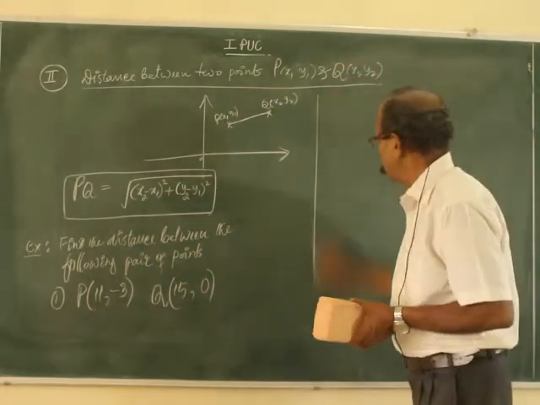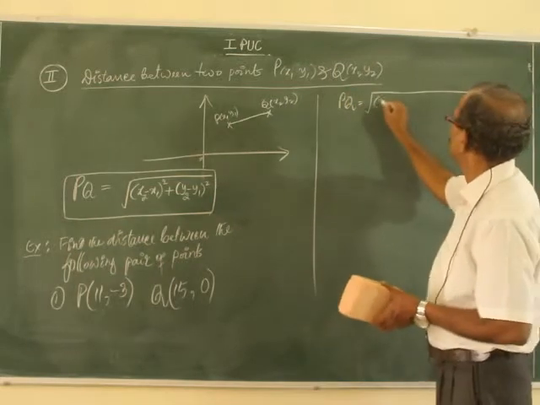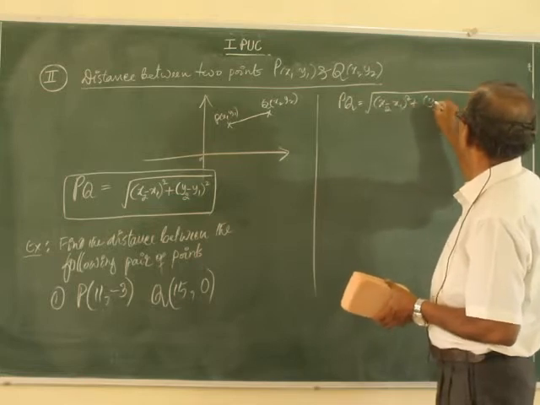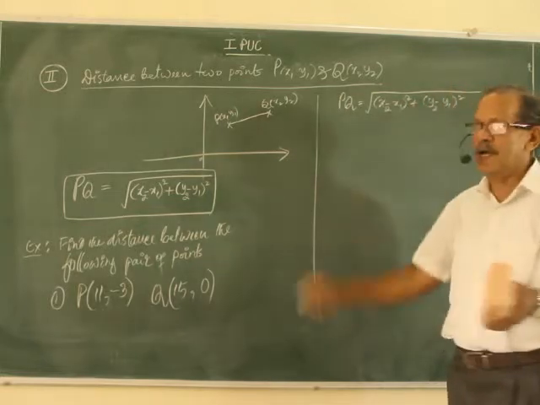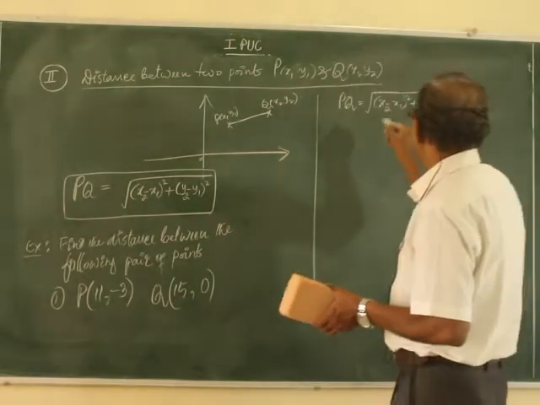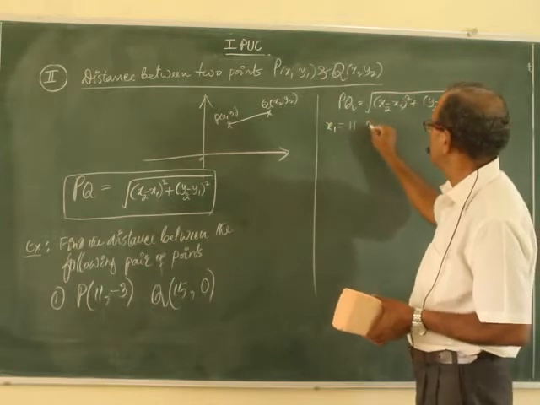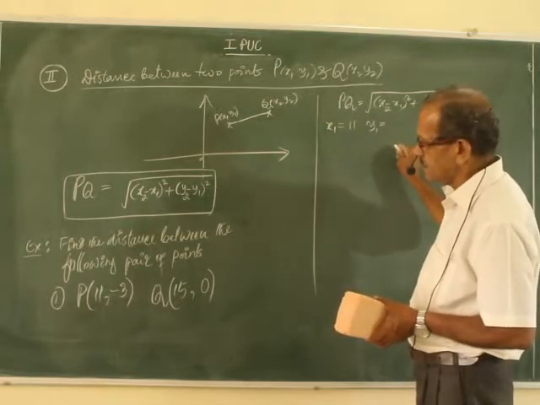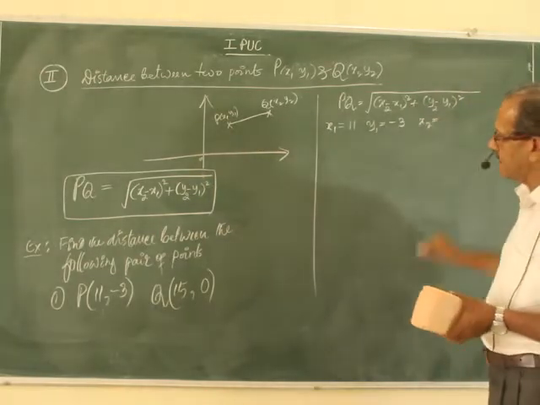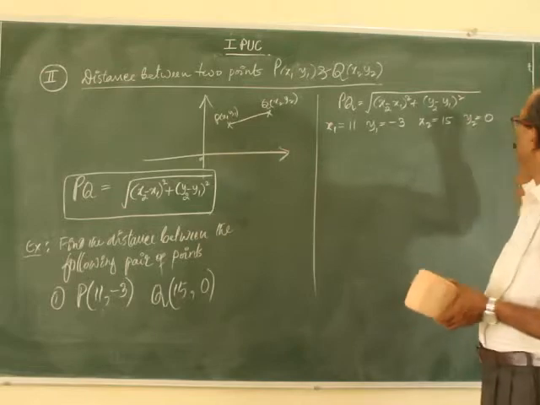Okay, let me write the formula first. Root of (x2 minus x1) whole square plus (y2 minus y1) whole square. In order to avoid the confusion, let me list the values. x1 is actually 11. y1 is first point y coordinate, minus 3. x2 is second point x coordinate and y2 second point y coordinate.